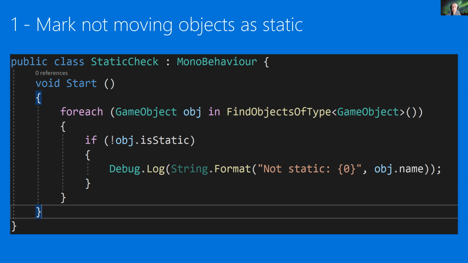And clearly, sometimes it can be difficult to find all the objects that are marked or not marked as static in the scene. So I came up with this simple script that can be applied to every Unity object, so you can find if you have some static or non-static objects in the scene.